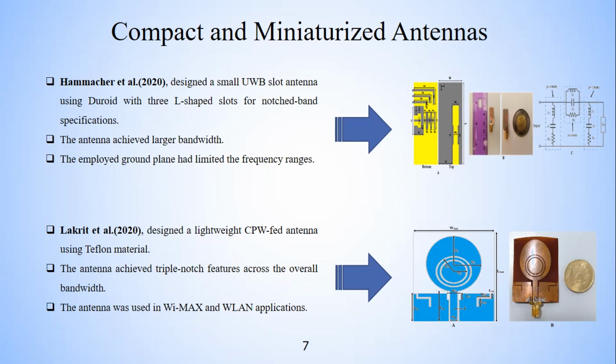We call it coplanar waveguide CPW fed antenna, but using Teflon material. In that one, they have achieved triple features across the overall bandwidth, but the antenna was used in applications of WiMAX and wireless LAN applications.